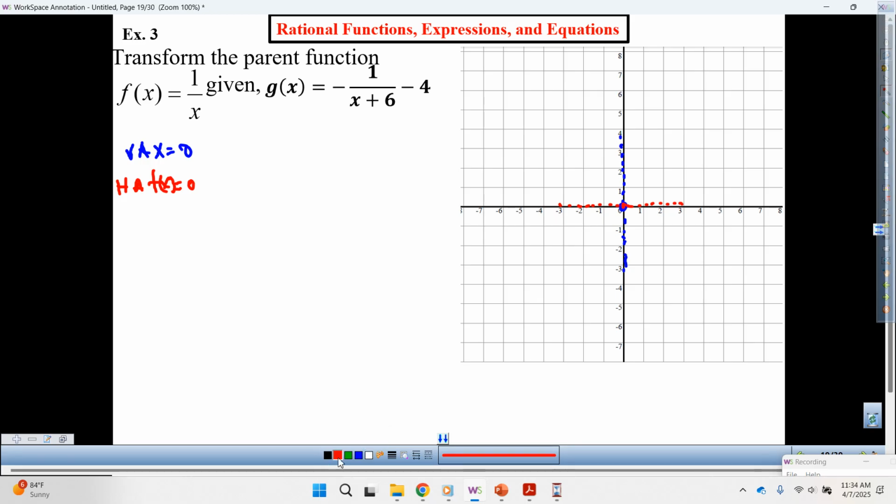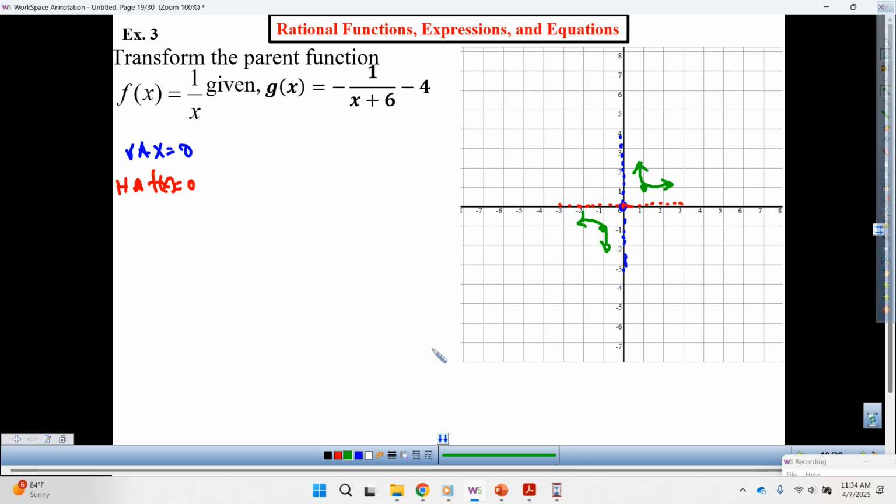And then to graph the actual graph, where do I go from the center? 1 down, 1 to the left. And again, 1 up, 1 to the right. Okay. So far, so good.